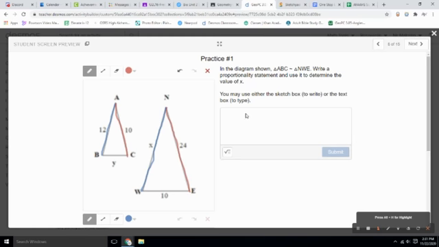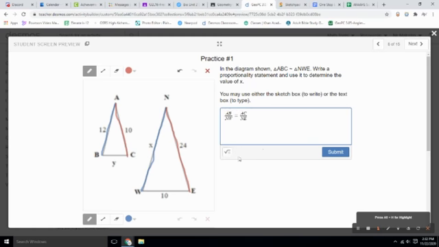Okay, so now to set up my statement, I would say AB, side AB is similar to side NW, which would be equal to AC being similar to NE. Okay?